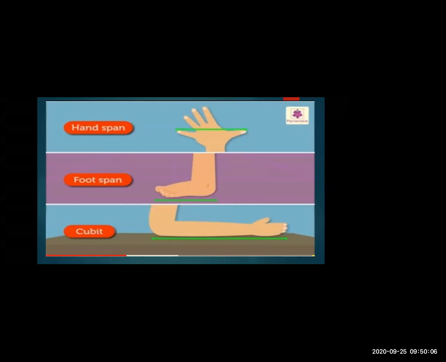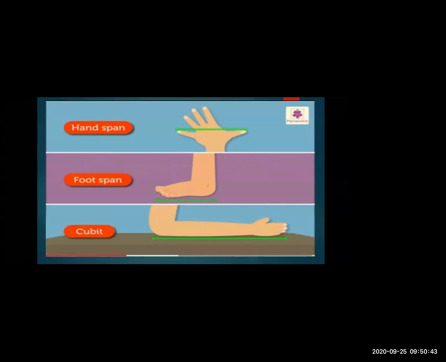But in this measurement, the measurement of the floor or measurement of anything was getting different according to person. Because if a small child measures the things with the help of hand span and an elder person measures the things with the hand span, then there must be a difference in between both hand spans, because a small child's hand span will be small and the elder person's hand span will be bigger.